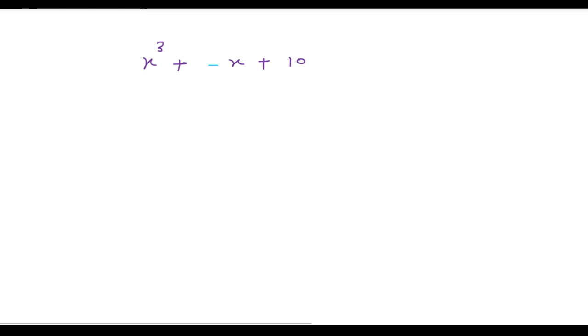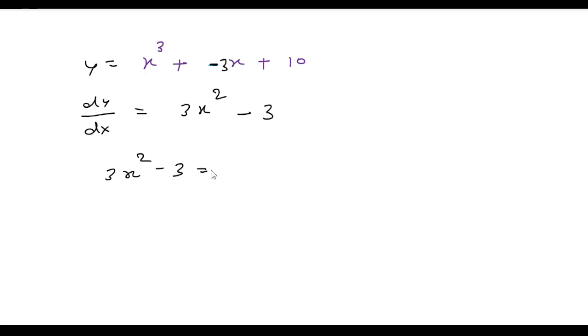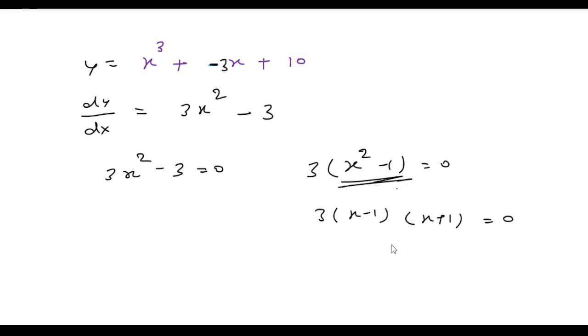If I differentiate this, dy by dx, I will get 3 times x square minus 3. Now I will equate this with 0. So 3x square minus 3 is 0. I will take 3 out. It is x square minus 1 equal to 0. So it's 3 times (x minus 1)(x plus 1) is 0. You can factorize this x square minus 1. So you have x is 1 or x is minus 1.